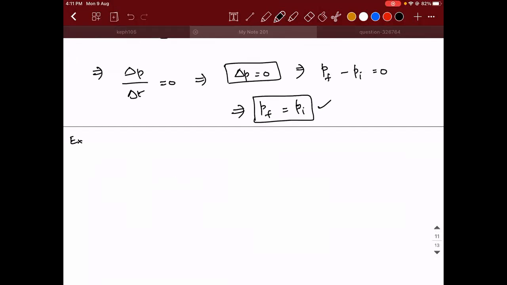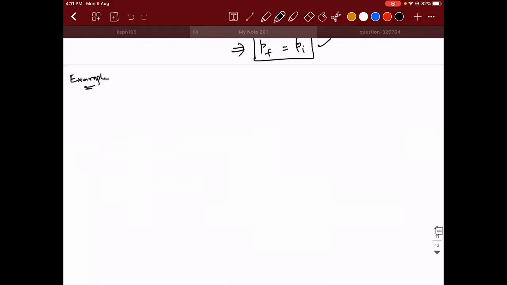Let's take an example to understand exactly what this mathematical statement is. So let's say I have an object of mass MA moving with a speed UA, and there is another mass MB which is moving with a speed UB. Okay.